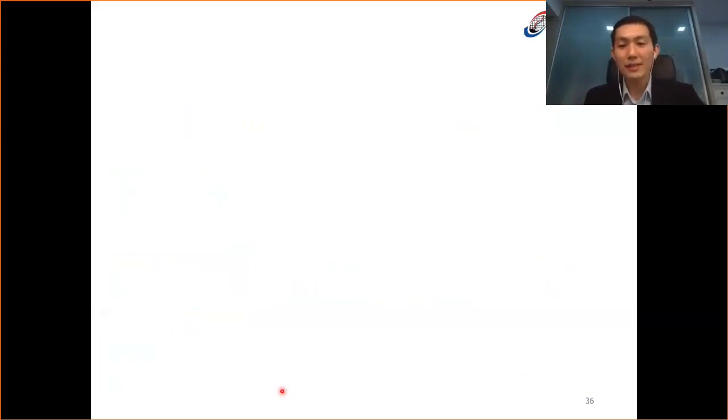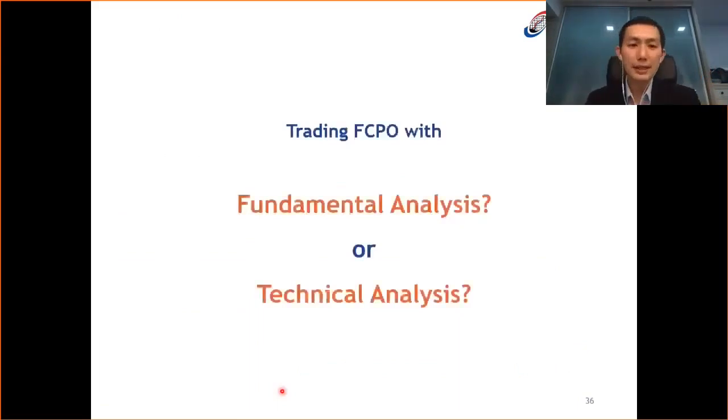5 fundamental factors and a simple example of how you are going to trade FCPO using fundamental analysis. Now, let's come back to this question of whether you should start with fundamental analysis or whether you should start with technical analysis. Early on, I believe most of you mentioned that you use technical analysis to trade the market, right?